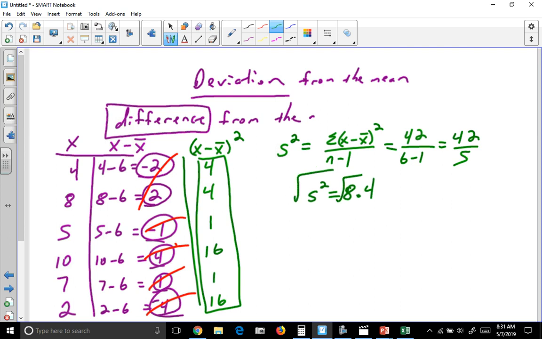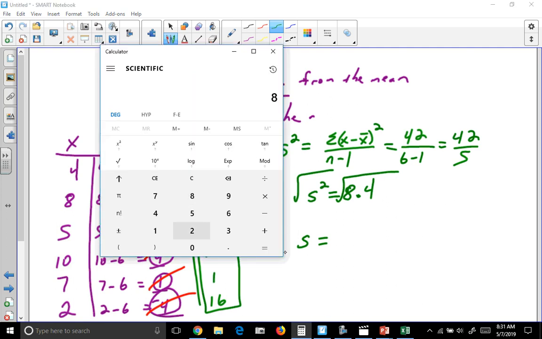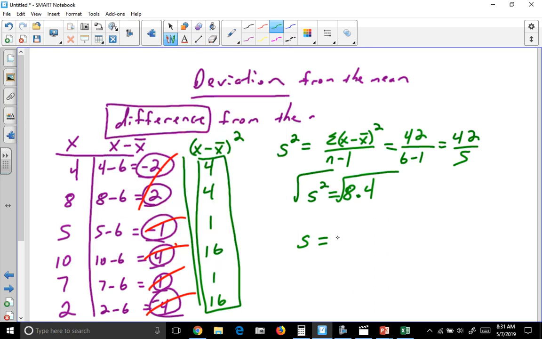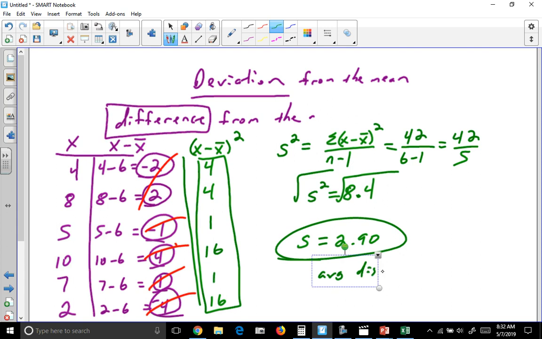So if we want the sample standard deviation, it's the square root of that. So about 2.898, or about 2.90. So this is essentially the average distance that numbers are from the mean. The average distance x is from the mean.